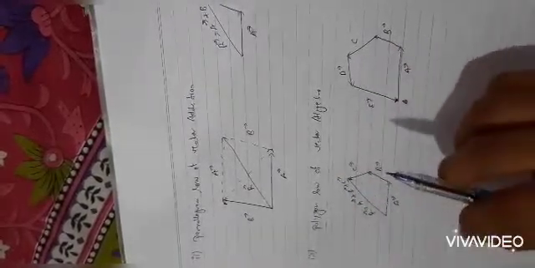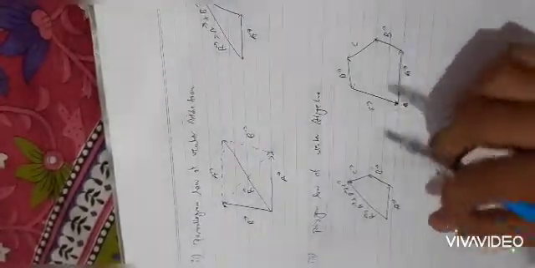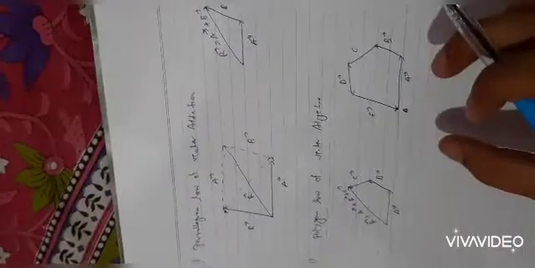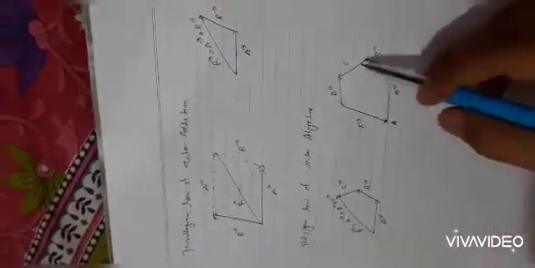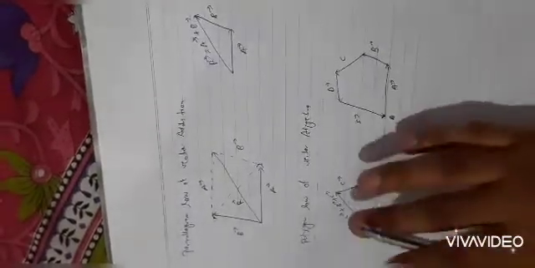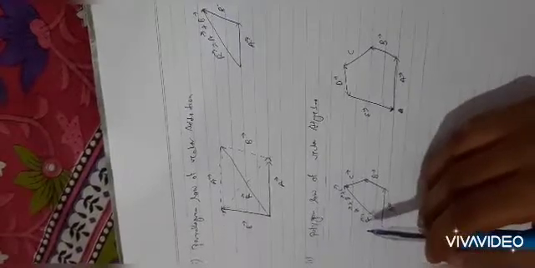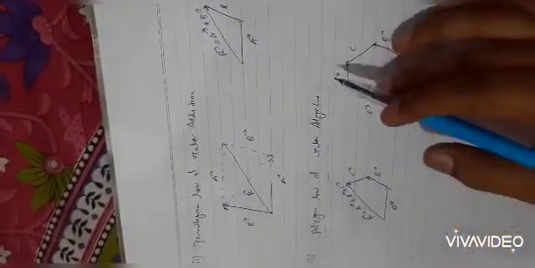In this, what we have to do is just take a pencil and scale and draw the sides, or you can say the shape, and through this we can do the addition of vectors by the geometrical method.